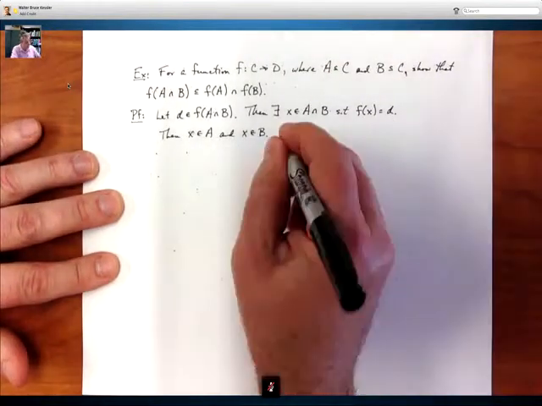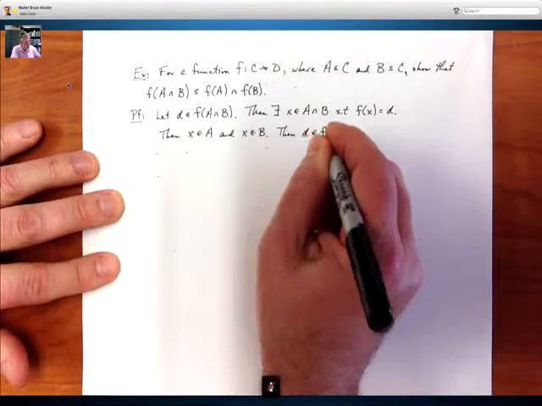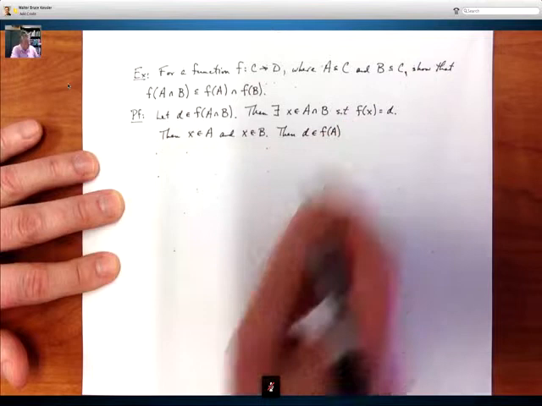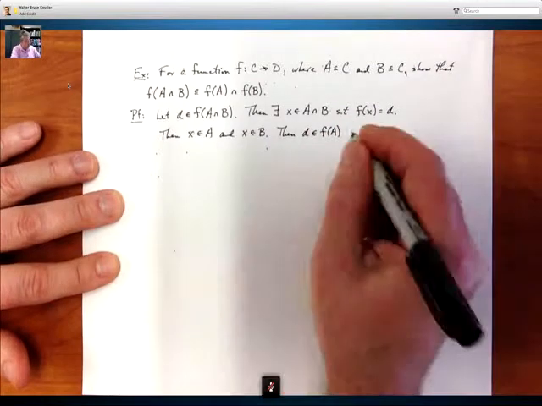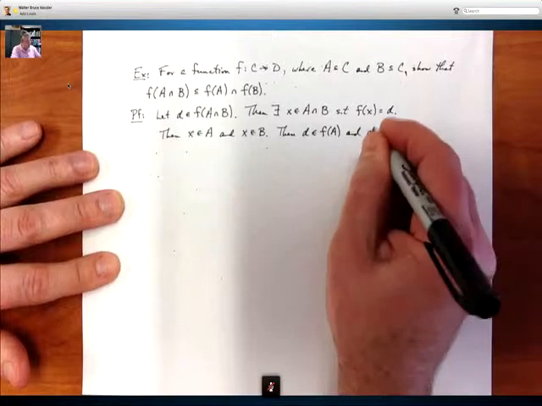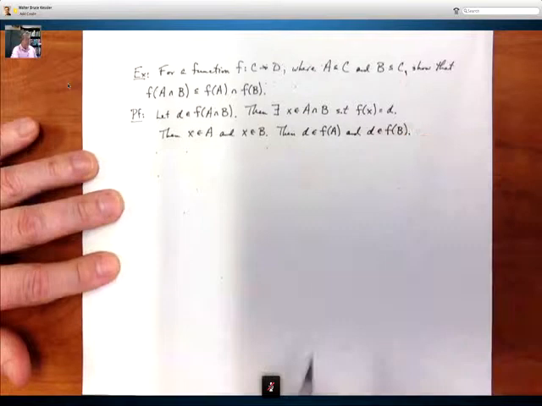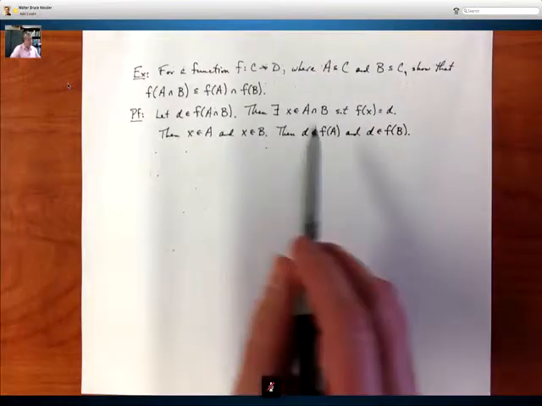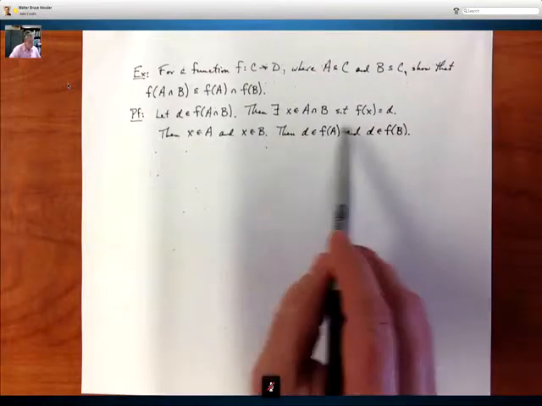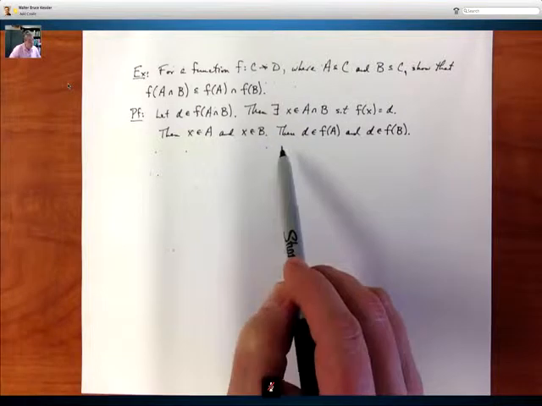Then that tells me that d is in the image of A, there's something in A that gives me d, and there's something in B that gives me d. So d is an element of f of B as well. It's in the image because x goes to d both times.